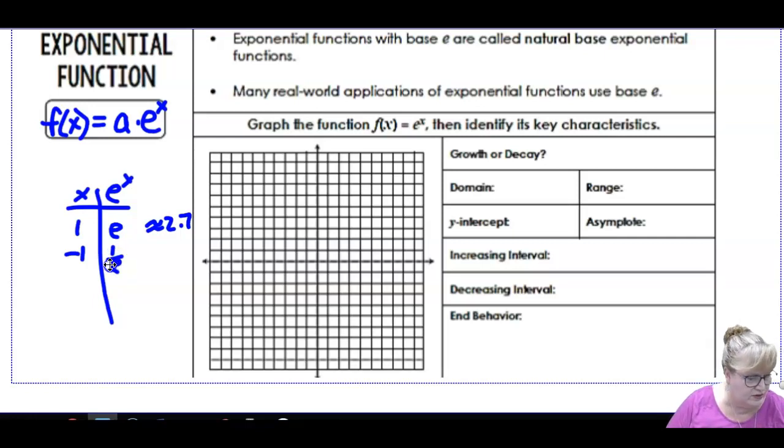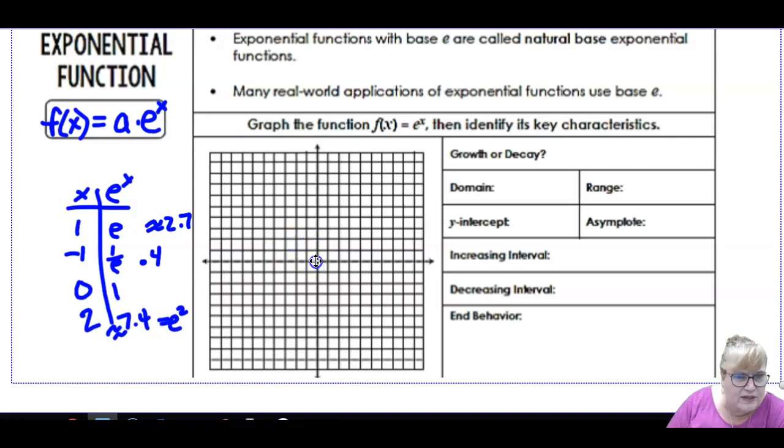Let me do that on my calculator fast here. Oh, sorry, I had something else in my calculator, which is about 0.4. I'm just going to say 0.4 because we can't graph it with any accuracy anyway. If we put in a 0, anything to the 0 is 1. And if we put in a 2, e squared would be 7.4 approximately.